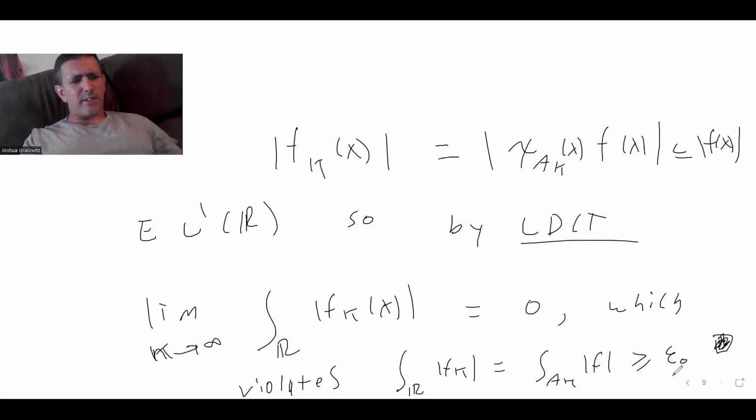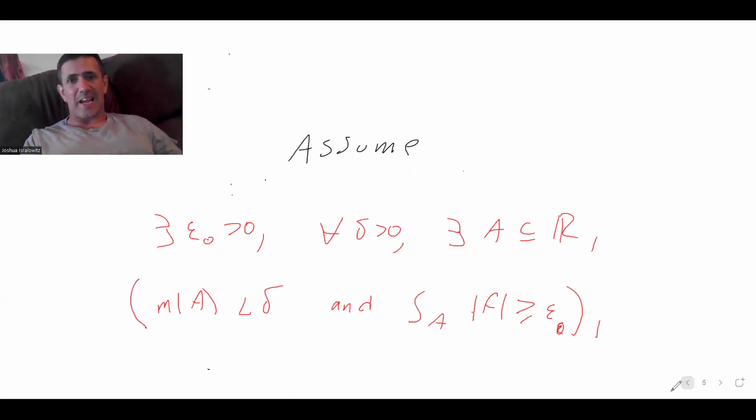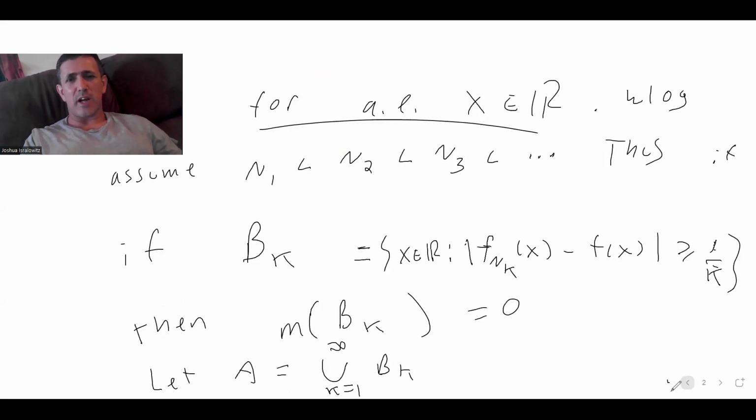Admittedly this is much simpler if you do the density of step functions in L1. There it's almost trivial. But I would say just understanding this is a good exercise for a lot of stuff we're doing.